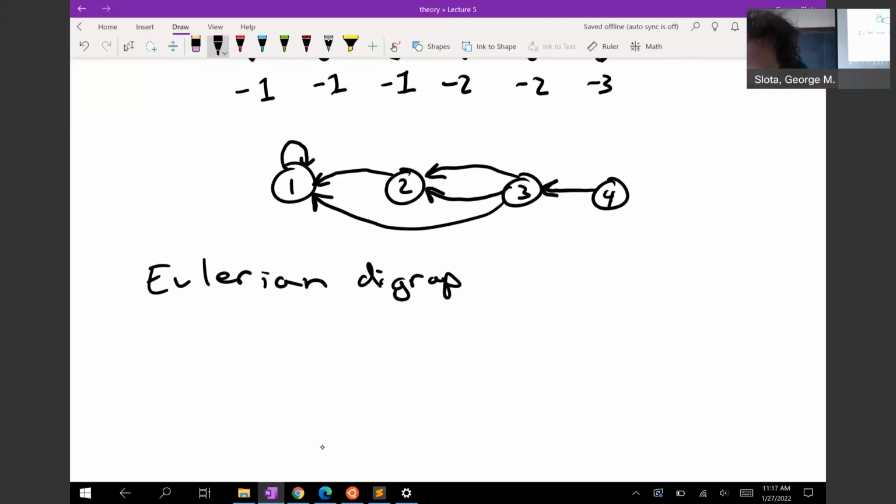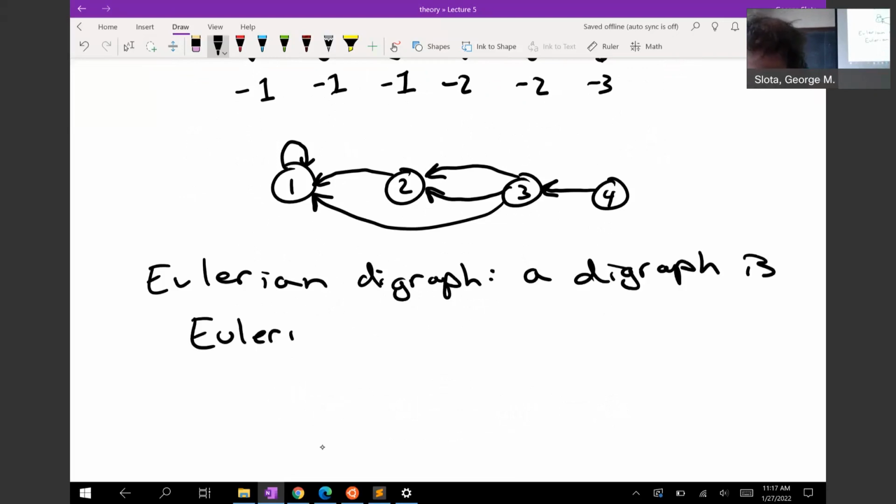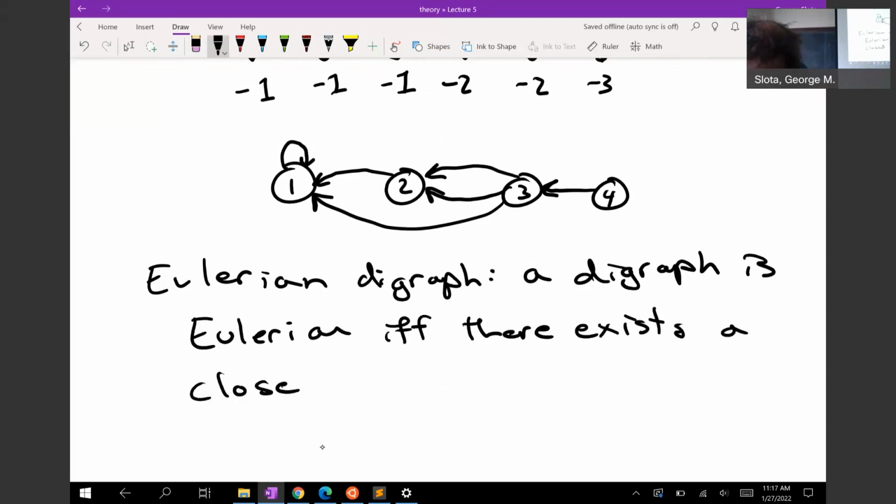A digraph is Eulerian if and only if there exists a closed trail on that digraph containing all edges.